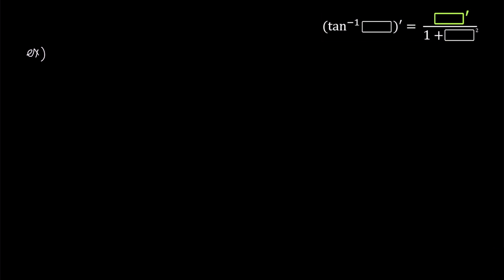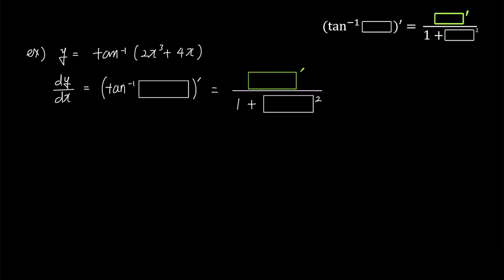Let's work on our first example, which involves finding dy over dx for inverse tangent of 2x cubed plus 4x. To do this, we'll use the formula we derived earlier. Now that the formula is ready, let's compare with the problem and determine what to substitute into the box. It is quite clear. We put 2x cubed plus 4x into the white box.